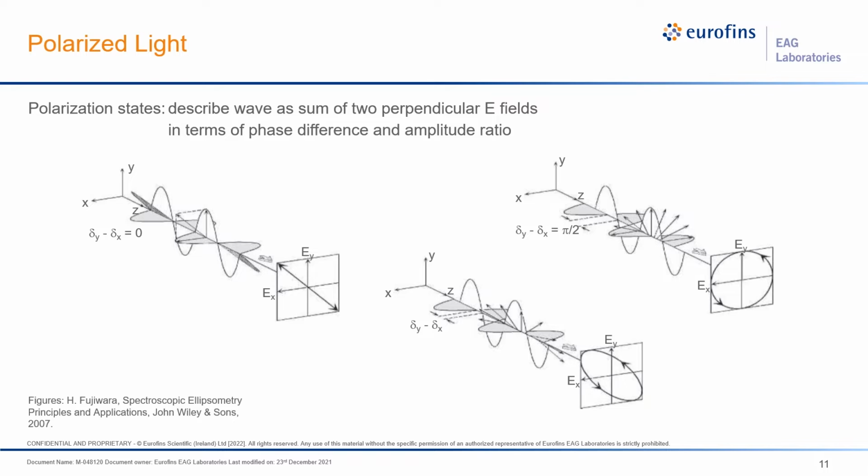If the combined x and y components have arbitrary phase relations and amplitudes, the light is elliptically polarized, as is illustrated here at the bottom. This is the most common form. Note that both a line and a circle are special forms of an ellipse. And last but not least, ellipsometry derives its name from this elliptical polarization.